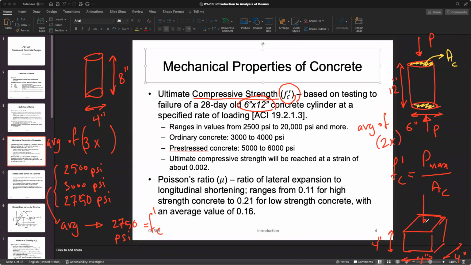You push it from both ends with the force of P. Your F prime C would be P max over area. Area for this case would be this area, because that's where you are pushing. That is the side, the cross section, where you are applying your normal compressive force.